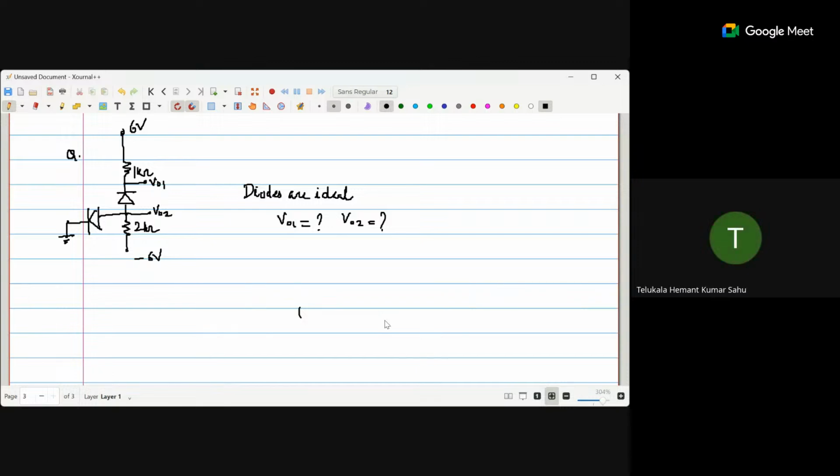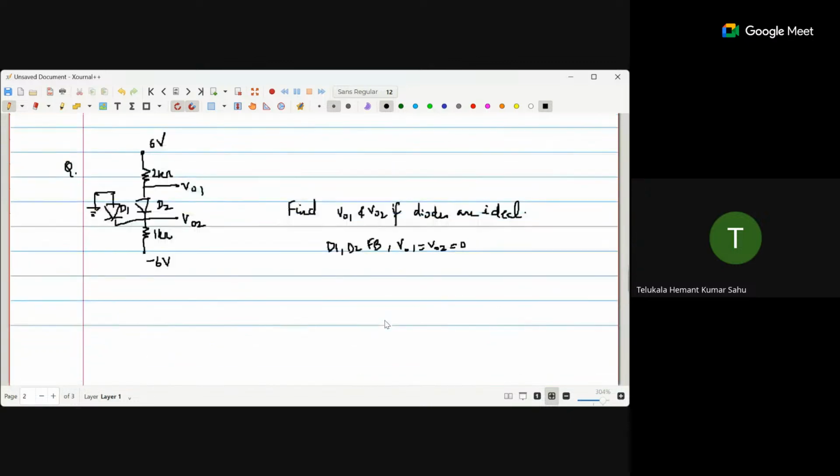Ma'am, in the previous question, can we assume V02 equal to minus 2 volt, because of the voltage divider circuit, and diode D1 will be forward biased since anode voltage is 0 volt and cathode voltage of D1 is minus 2 volt. It is forward biased, ma'am. And V01 also minus 2 volt.